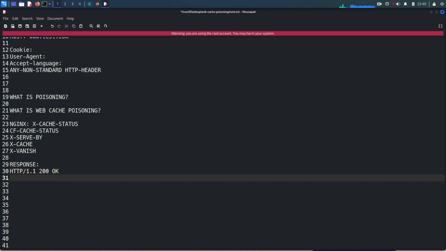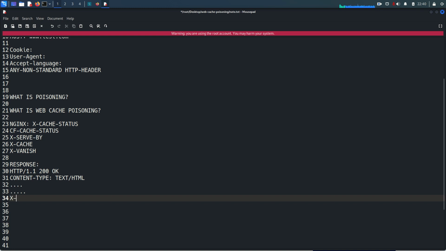Suppose you get a response like this, and then let's say a Content-Type, and the content type is text/html. And there are other response headers too, and at last here you may find one of these X-Cache headers, but the value of the X-Cache header is miss.